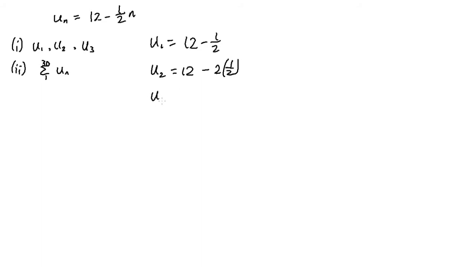And u3 will be 12, take 3 lots of halves. And for each of them will respectively equal 11.5. I'll turn it into decimal now. This is just 11 and this is 10.5.